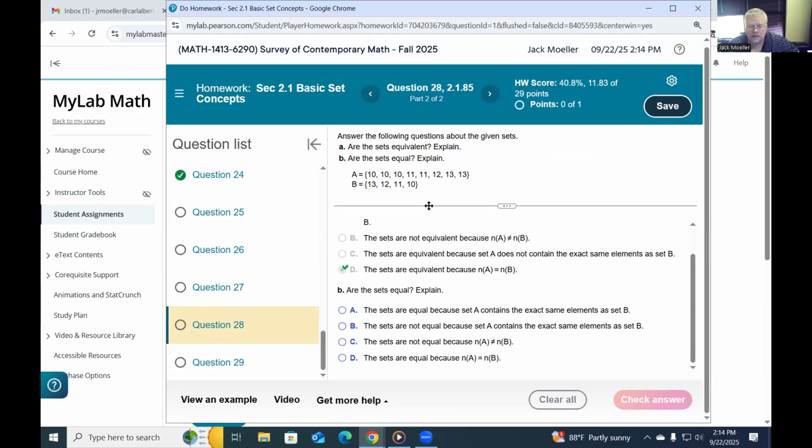Well, do you know the definition of equal, which says they have the same exact elements? So do they have the same elements? Yes, because order doesn't matter, repeats don't matter. They are equal. Now, don't pick the bottom one because it says the cardinality is the same. Remember, equal says they have to have the same elements. So to be equal, it would be answer A.